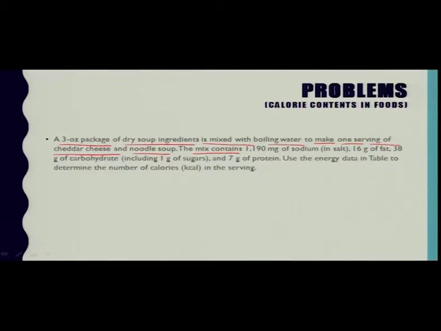This particular mixture contains 1190 milligram of sodium, that is in salt, and 16 gram of fat and 38 gram of carbohydrate, including 1 gram of sugars and 7 gram of protein. So use the energy data in the table to determine the number of calories in the serving.